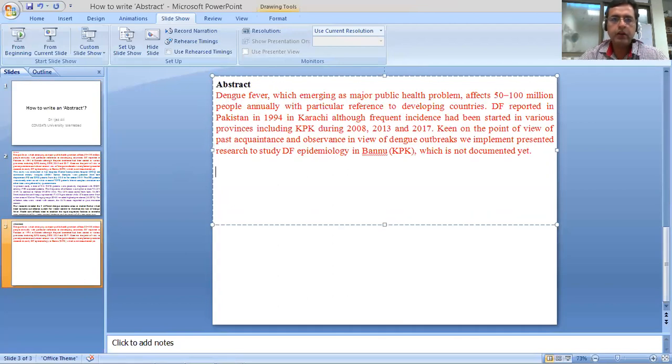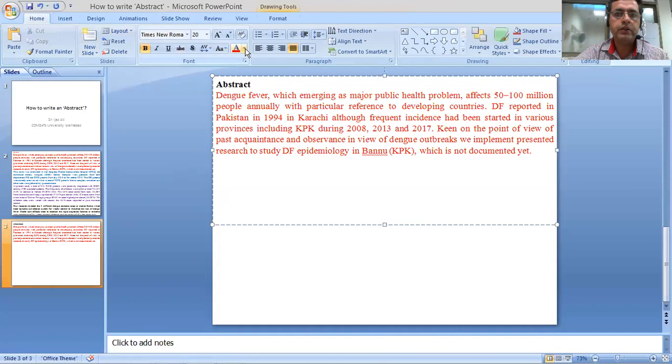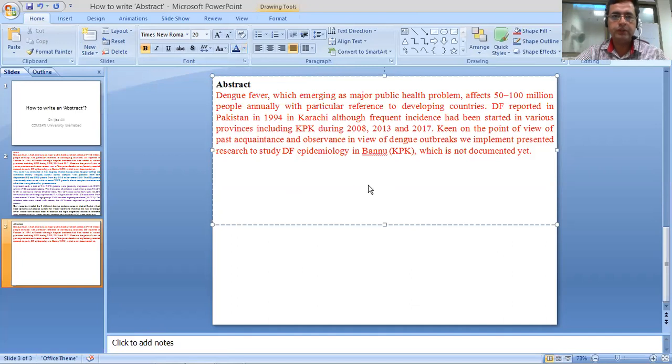Now here I'm going to rewrite this background. I want to change the font color to make it easy for you to understand. If you look at the first part: dengue fever, which is emerging as a major public health problem, affects 50 to 100 million people annually, with particular reference to developing countries.